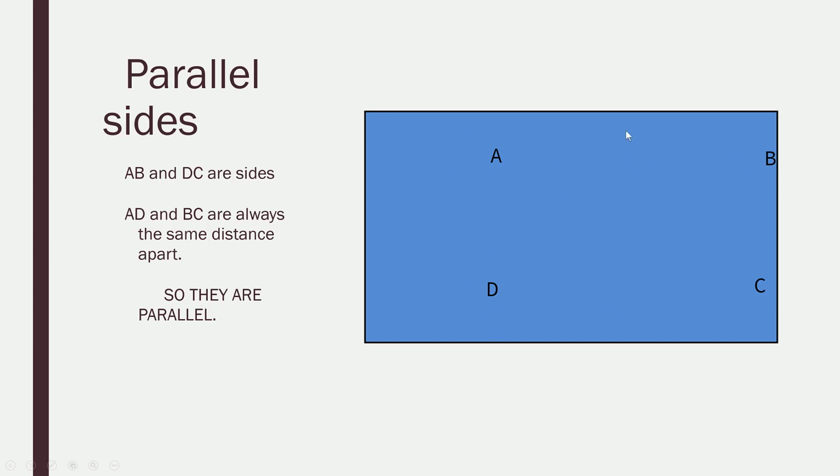And then we have AD and BC, and all of these sides are always the same distance apart from each other. And because they're always the same distance apart from each other, they are parallel. They're always going to be that distance apart, whether we extend the rectangle in either direction. These sides will always be the same distance apart, and so that makes them parallel.